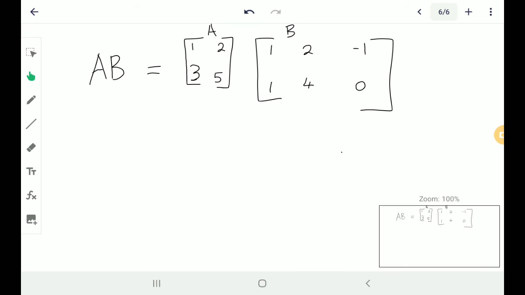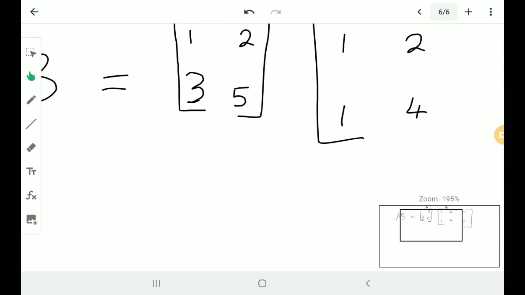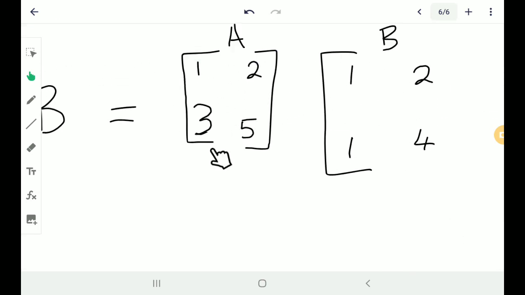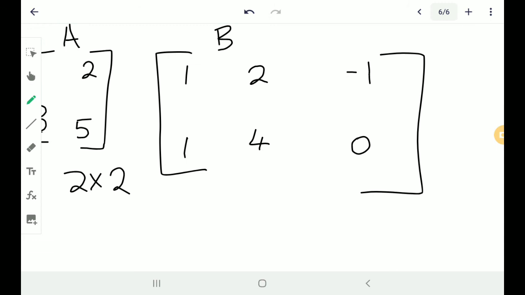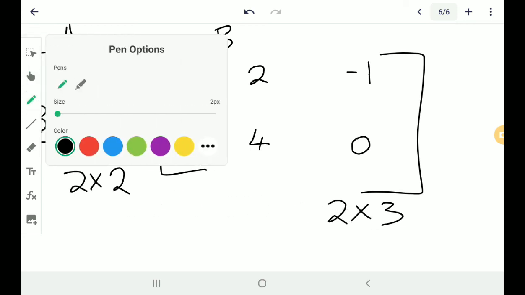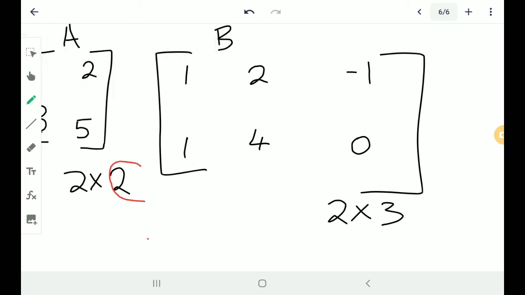Alright, so now we are going to multiply these two matrices. Now, what's the order of matrix A? The order of matrix A is a 2 by 2. Very good. And what's the order of matrix B? Yes, a 2 by 3. Are these two matrices compatible for multiplication? Yes, they are. Because as you notice, these two middle numbers are the same.